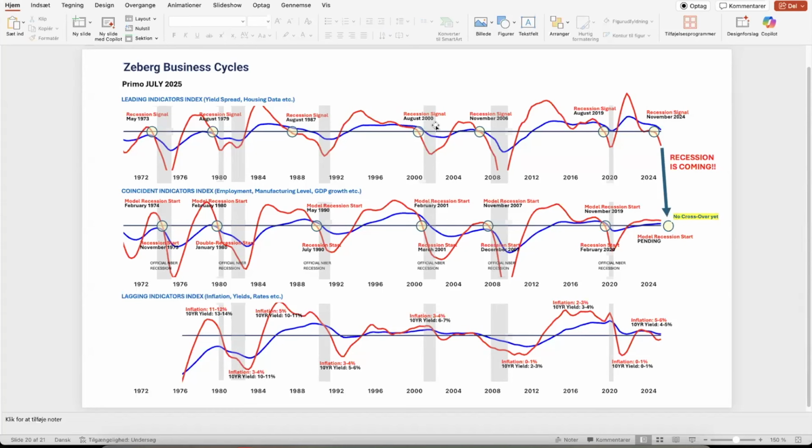And right now, when we look beneath the leading indicators, the housing market is actually getting hit quite badly, and also the yield spread, which is also one of the leading indicators, has gotten hit quite badly. So that's also why I'm saying I think we are in the process of seeing a severe decline. And at this point it can be compared to what we had going into Corona. Remember, it actually picked up on the decline into Corona as well.